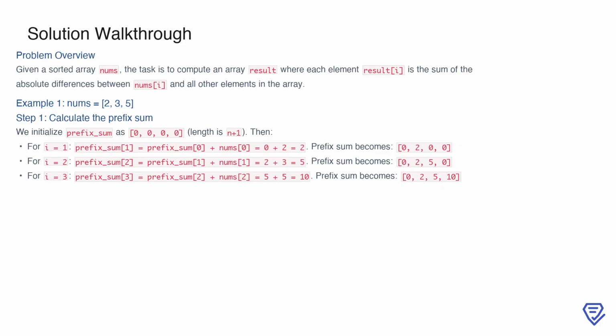So, for i equals 1, the prefix sum becomes [0, 2, 0, 0]. For i equals 2, we add nums[1] to the previous sum, resulting in [0, 2, 5, 0]. Finally, for i equals 3, we add nums[2], giving us [0, 2, 5, 10]. This prefix sum array will help us efficiently calculate sums for the next step.